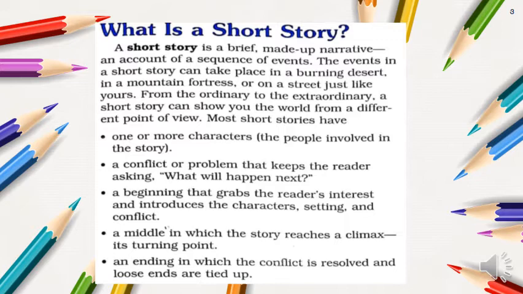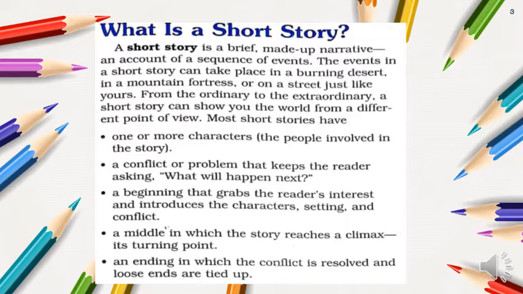The events in a short story can take place in a burning desert, in a mountain fortress, or on a street, just like yours. From the ordinary to the extraordinary, a short story can show you the world from a different point of view.